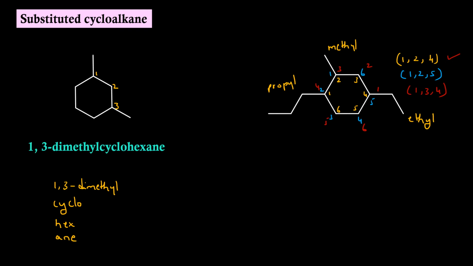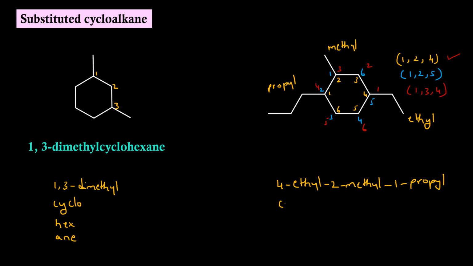So the secondary prefix will be 4-ethyl. Then comes methyl, 2-methyl, 1-propyl will be our secondary prefix.